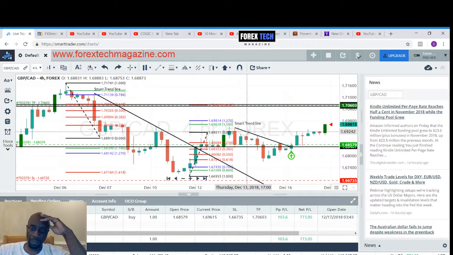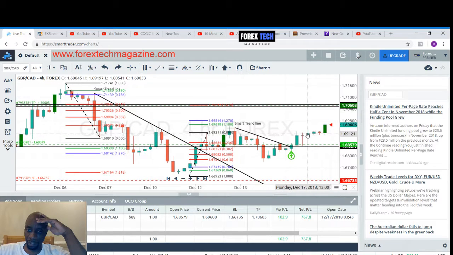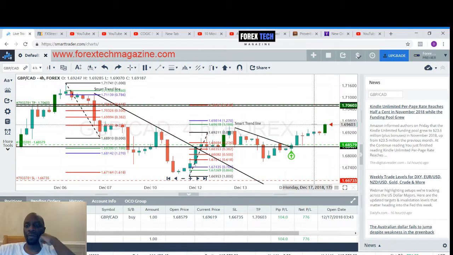So now we get the exhaustion, right? And as it gets exhausted, we see that it comes down to the red. And now we see that price in itself is making its way up towards its price target up here, which is at 1.70603, which is our price target.